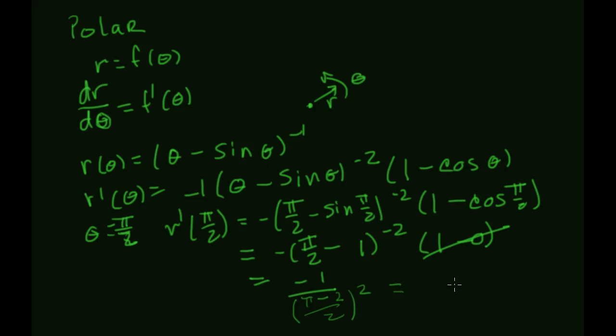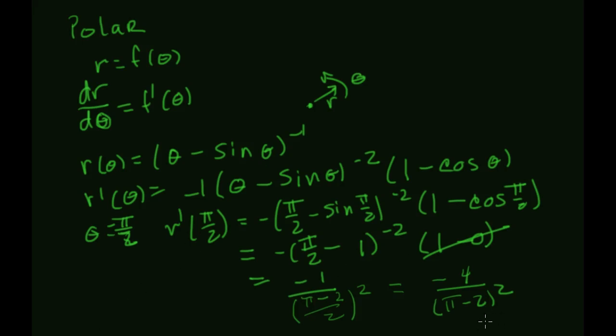So this is going to give me -4 over pi minus 2 squared. All right, so that's about as good as we're going to do, but this gives me a sense of how fast we are or are not rotating.